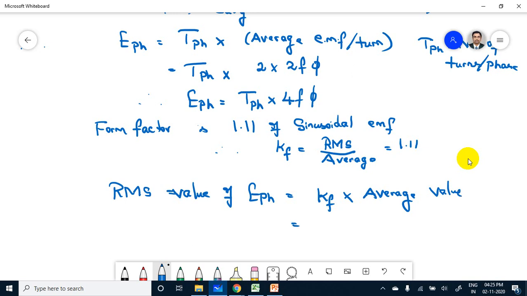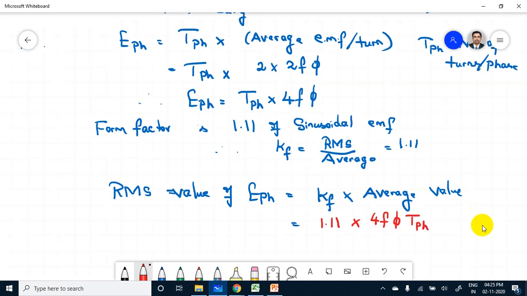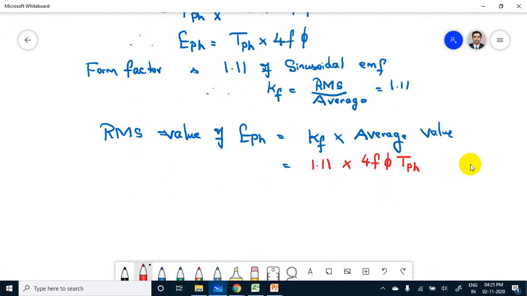Kf is 1.11, substitute here, 1.11 into the average, 4F φ T phase.